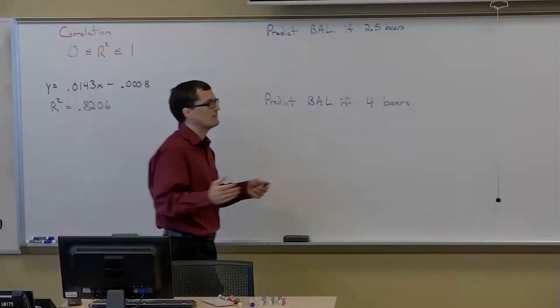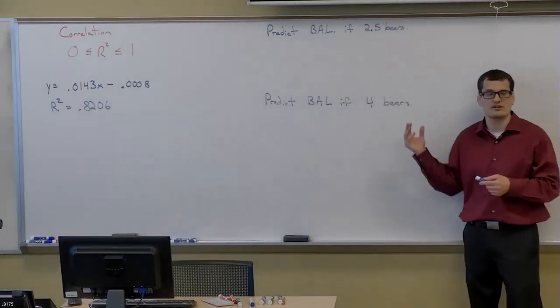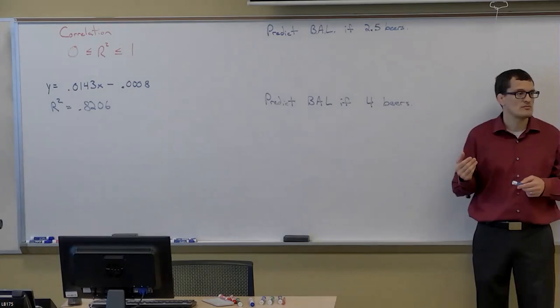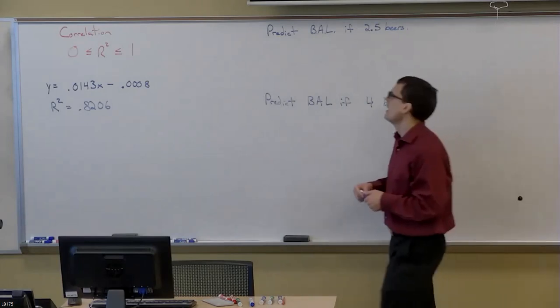And just like before, just like in the algebraic case, all we're doing is figuring out which one is the X, which one is the Y. X was number of beers, Y was the blood alcohol level.